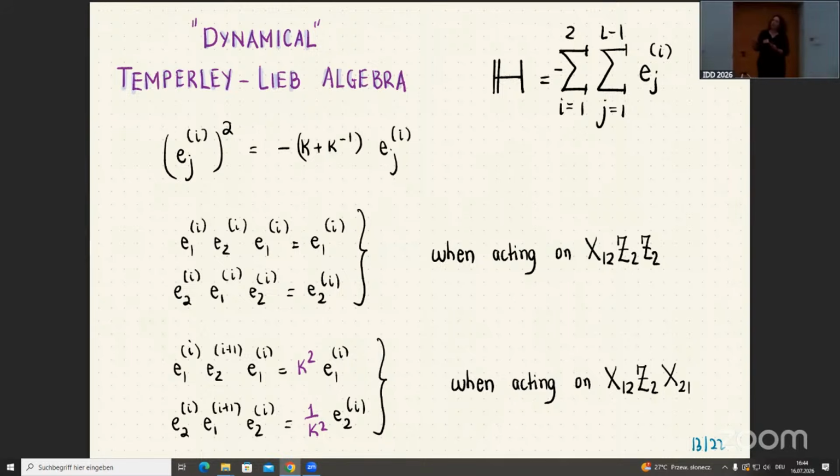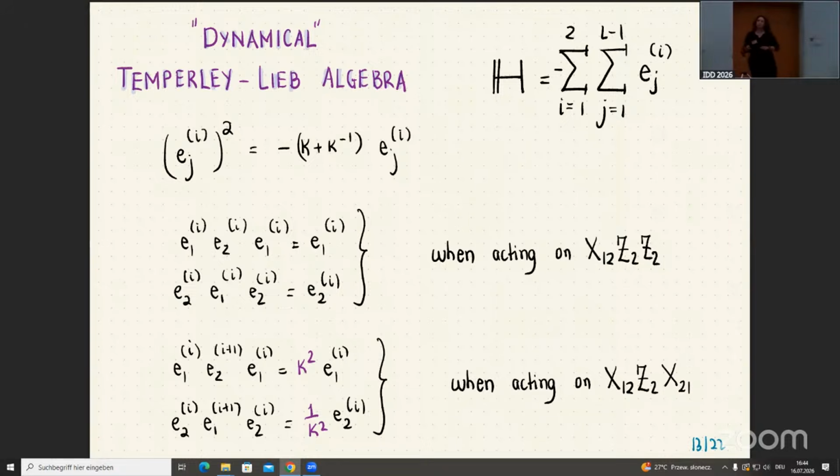So here, if you have 2 z's and 1 x, what you get is basically what we had before, with a coefficient equal to 1 on the right-hand side. But if I act on a state that has 2 x's and 1 z, and I do E1, E2, E1, I get a kappa squared here. And if I do the opposite order, I get a 1 over kappa squared.